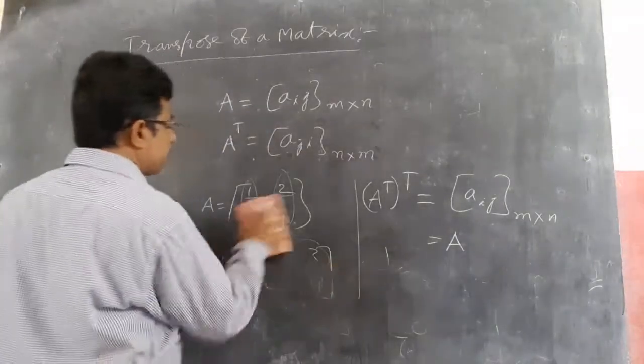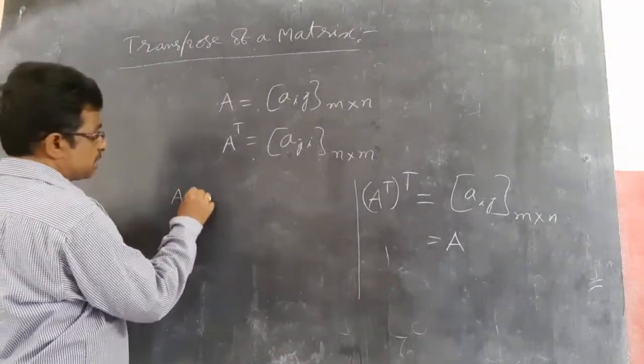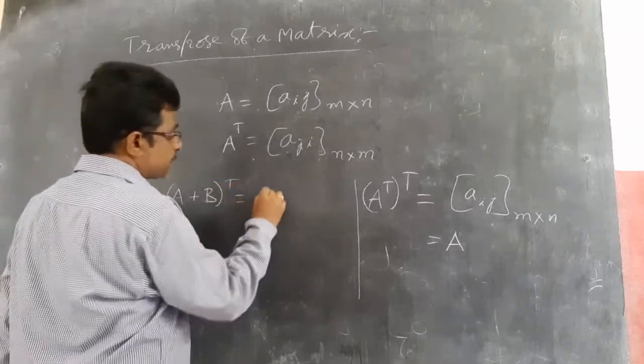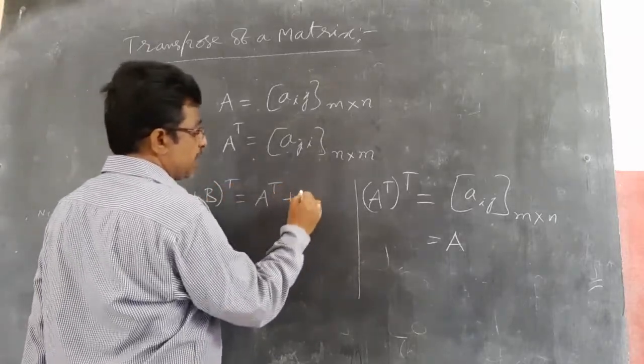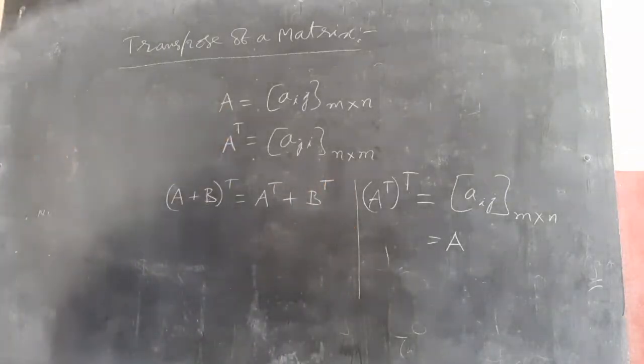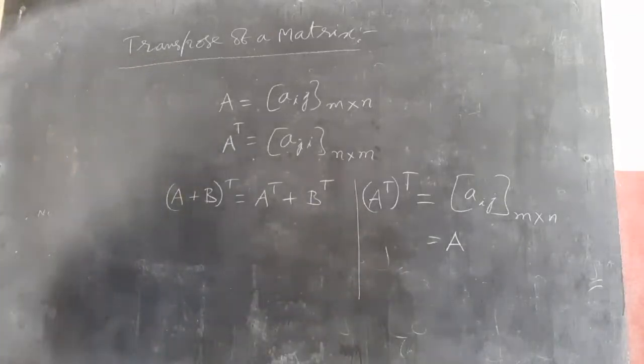And some other properties we will also discuss here itself. A plus B whole transpose equal to A transpose plus B transpose.